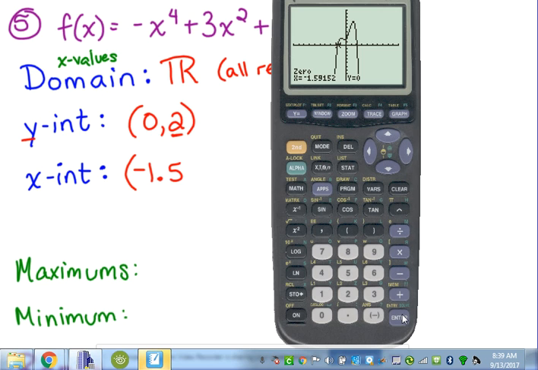Negative 1.592. I always round to 3 numbers after the decimal. 3 numbers is a good cutoff there. 59, that 5 rounds the 1 up to 2. Okay, and it's a point as well. It's the x-intercept, so the number goes for the x part, and the y is always 0.